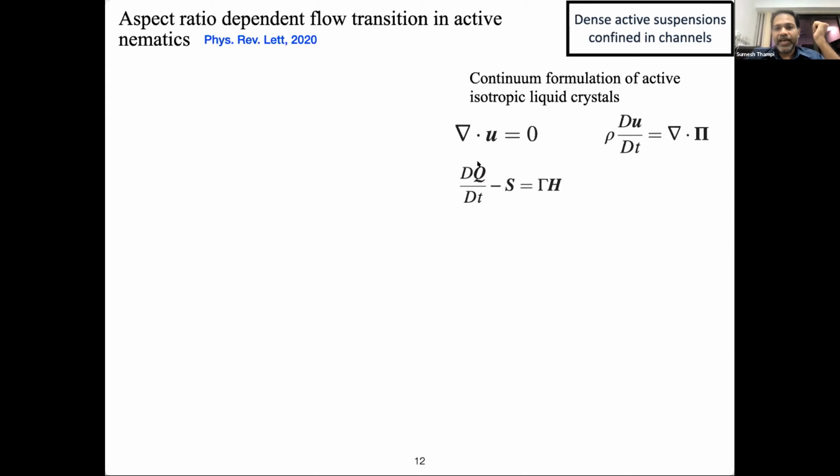And then we add an additional equation, and that additional equation is going to tell you how the structure of the constituents in the fluid flow is going to change. So if it's bacteria, it could represent the orientation of the bacteria. If it's those filamental structures, it again would represent the orientational order of the filamental structures.